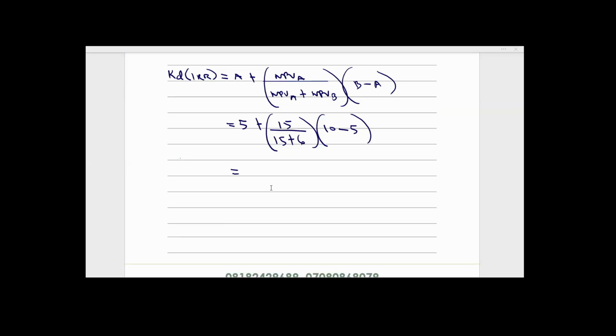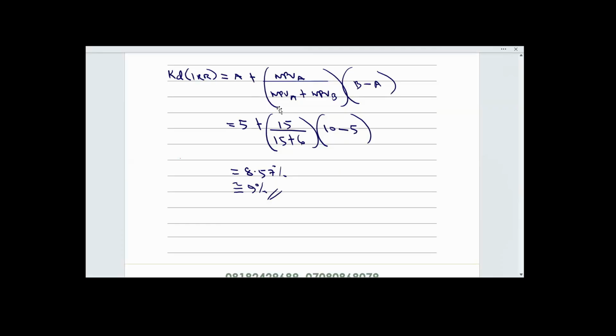This is 8.57%. Therefore, the cost of the redeemable debenture is approximately 9%. So this is how to calculate the cost of redeemable debt.